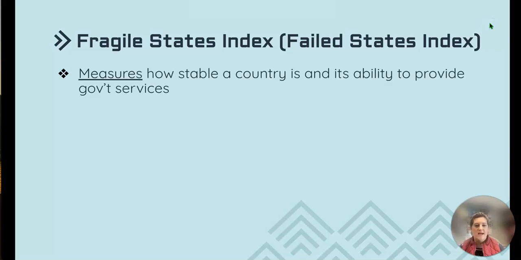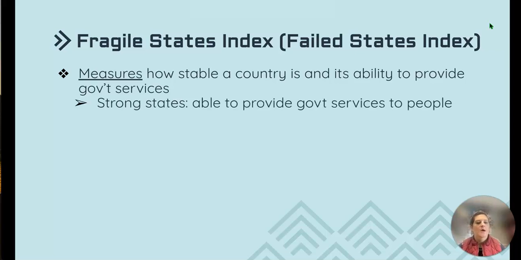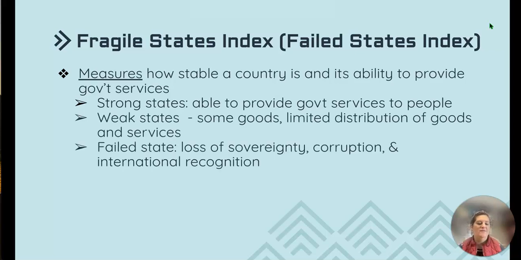This attempts to measure how stable a country is and how the government is able to provide services to the people. And they classify them as strong states, weak states, and failed states. Failed states is when a government has really high corruption, there's a loss of sovereignty, and they can't provide goods and services.